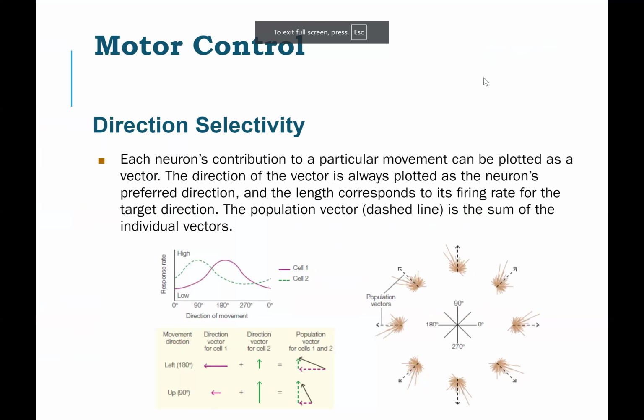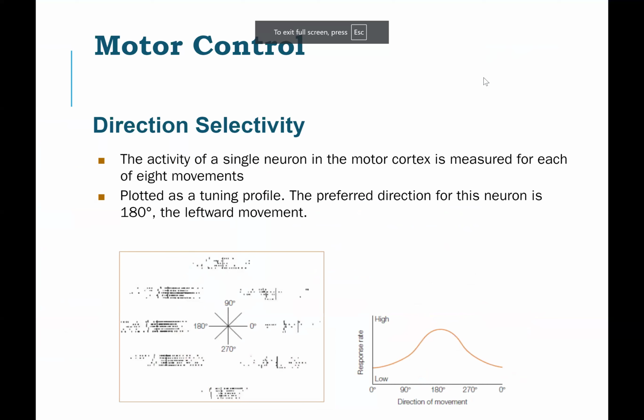Okay, so looking at this, you see that cells could be active to different degrees depending on the movement and what they prefer, right?